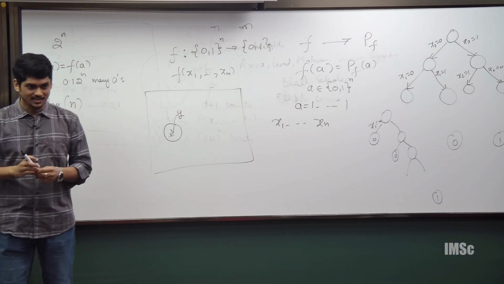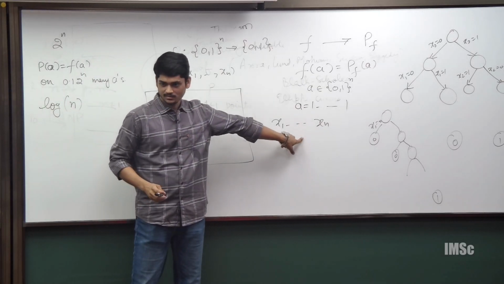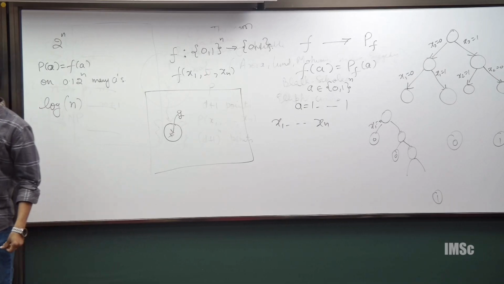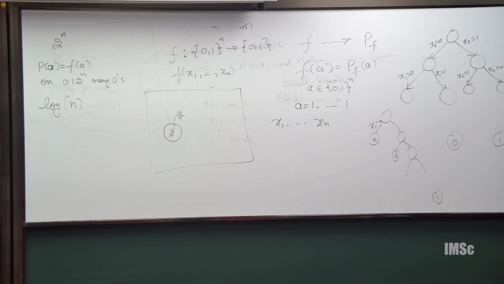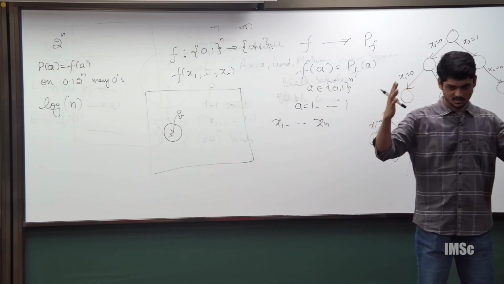Now the thing is that if the degree of the polynomial is large, for example x1 to xn, this expression will require very large numbers for me to represent, but if the degree is small, the numbers here will be much smaller. I can talk about what these numbers look like, and I can talk about something called a vector space.